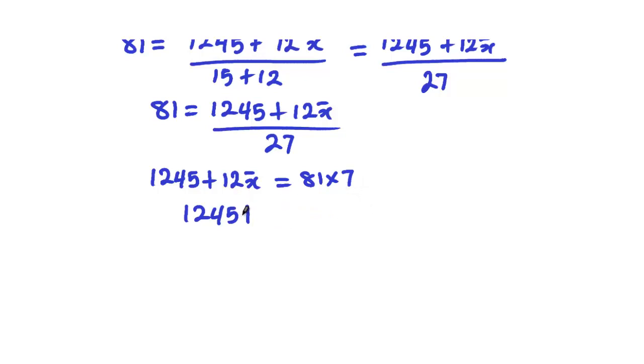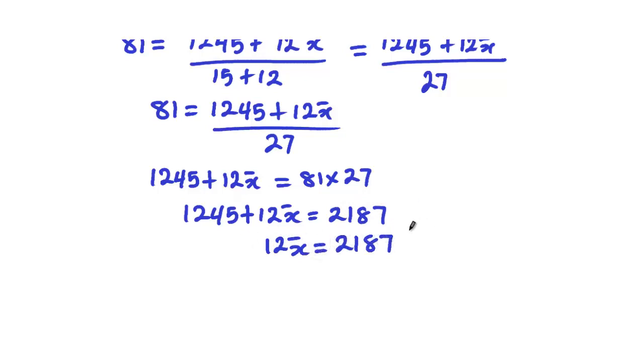So 1245 plus 12 x bar is equal to 81 times 27, which is 2187. So 12 x bar will be 2187, and the 1245 moves across as negative, minus 1245. 2187 minus 1245 gives us 942.